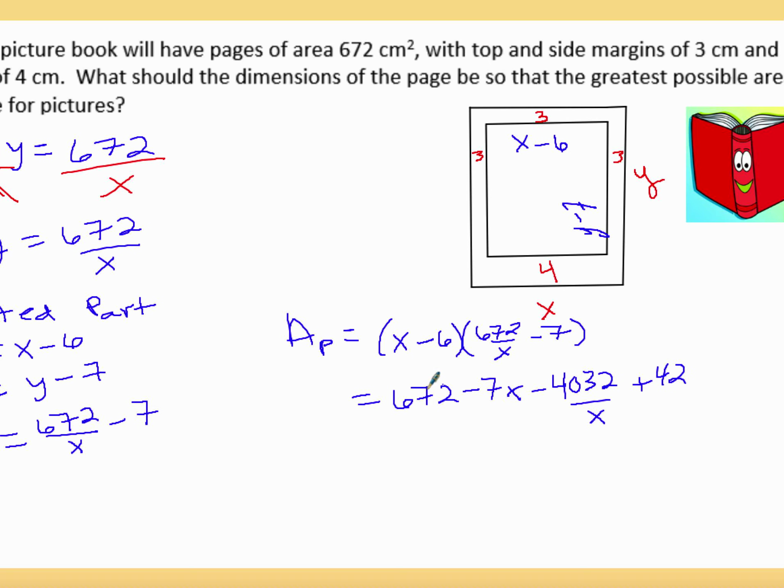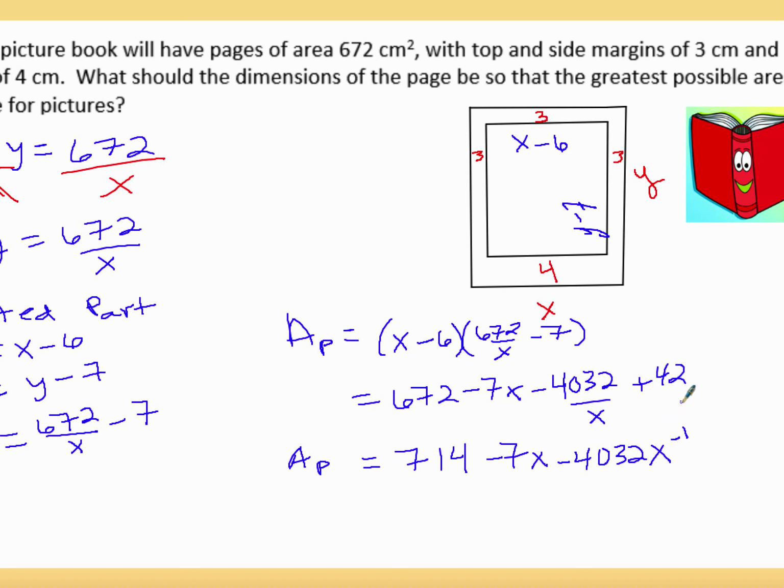I'll go ahead and do 672 plus 42. So the area of the printed part is 714 minus 7X, and I'll move my X into the numerator by changing the sign of the exponent, so that's minus 4032 X to the negative 1 power.